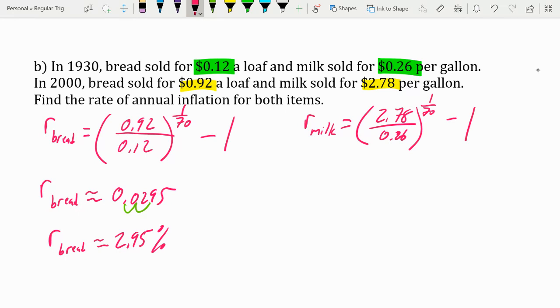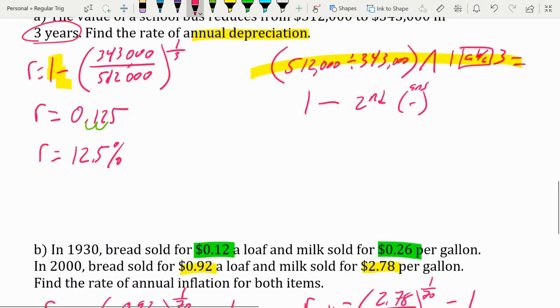That whole thing minus 1. So the rate of inflation for milk is approximately, I ended up with 0.0344. And now when I move that decimal 2 places, I end up with 3.44%.